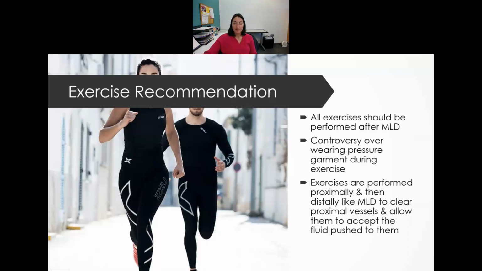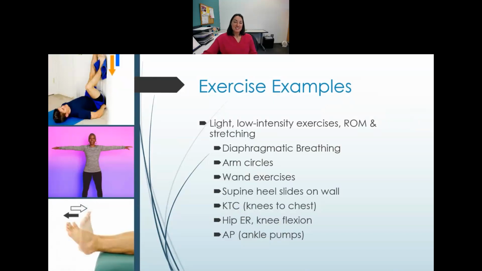With our exercises, we still perform the exercises more proximally to push fluid out of that area before we do more distal exercises, just like our manual lymphatic drainage. Some examples of exercise we could do are all light, low intensity exercises, including range of motion and stretches: deep breathing exercises, arm circles, wand exercises, which is active assistive range of motion, heel slides, knees to chest, hip external rotation or knee flexion, and ankle pumps.